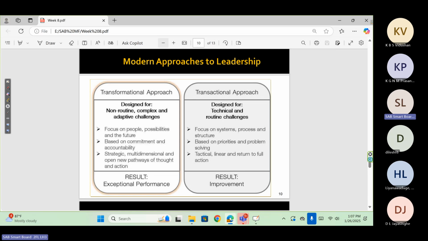Both consider challenges as blessings, opportunities. That is another common point. But transactional leaders consider very routine, technical or short-term challenges. Transformational leaders consider non-routine or very complex, adaptive challenges. Then there's a difference in that also.